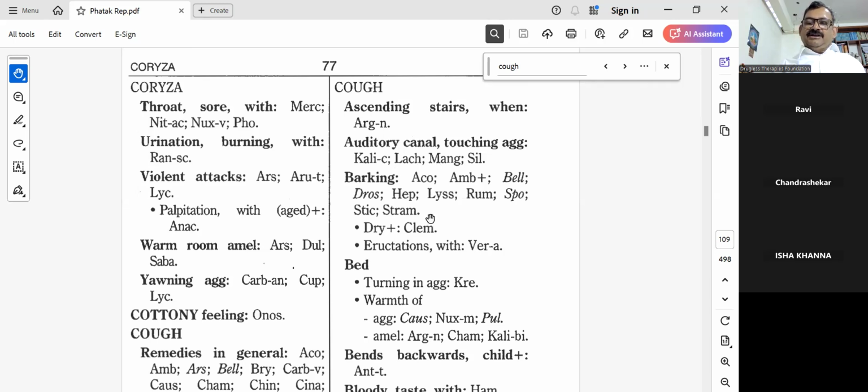Again, argentum nitricum, what are the other symptoms? Apprehension, we already learnt previously when we went through the mentals of the remedies. So argentum nitricum with mental apprehension and anxiety, and when ascending the stairs, they get the cough. That is argentum nitricum.